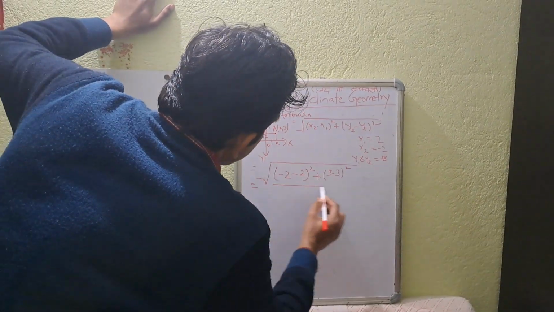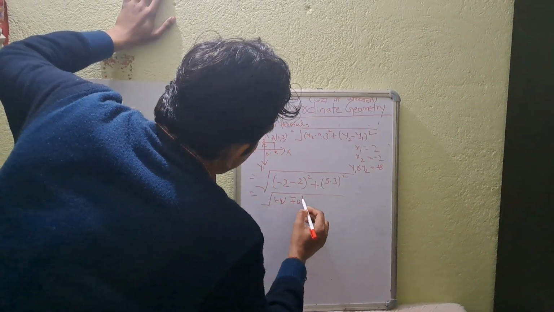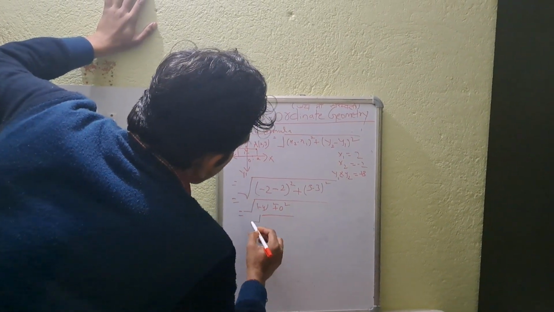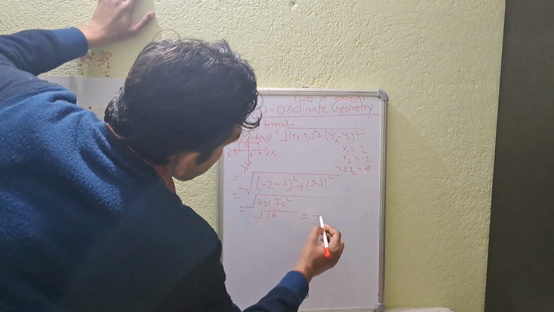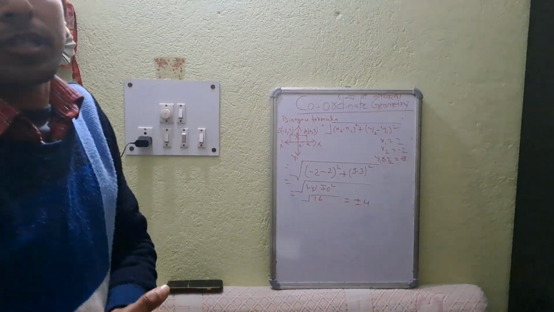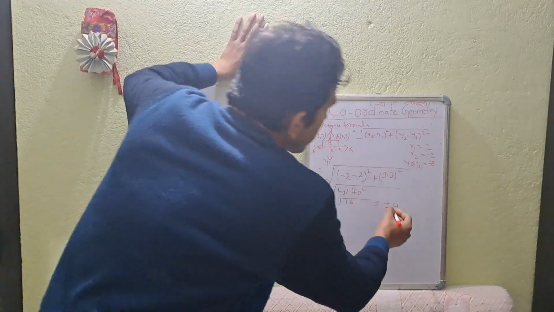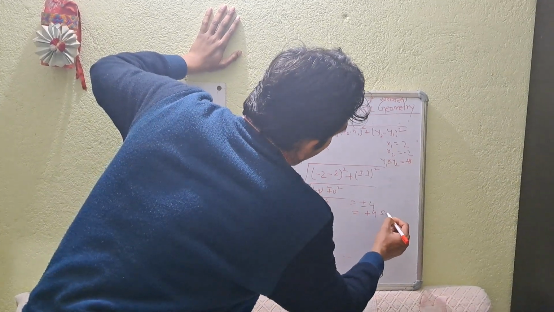That will be the square root of (-4) the whole squared plus 0 squared. After solving, (-4) squared is 16, so the root is plus or minus 4. The distance will always be positive, so it will be plus 4. Minus 4 is not possible, so we take the distance as 4 square units.